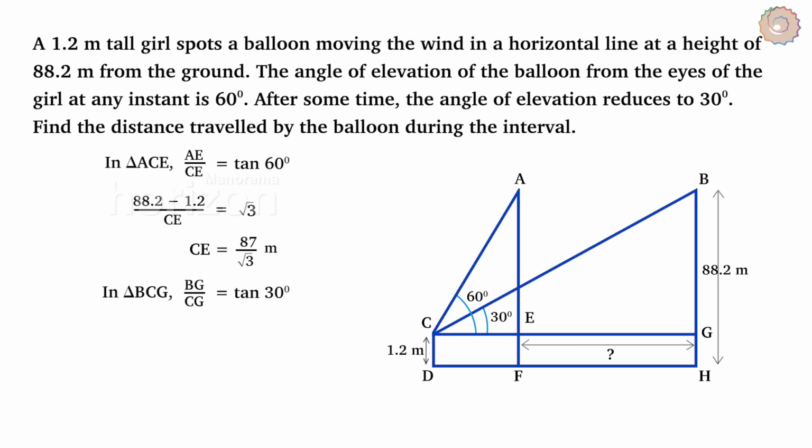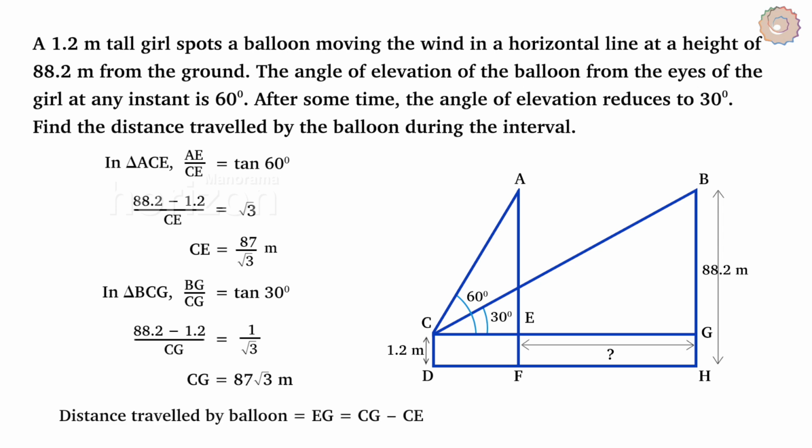As we know, tan 30 is 1 by root 3. Therefore, 88.2 minus 1.2 divided by CG is equal to 1 by root 3. Solving for CG, we get 87 root 3 meter. Distance travelled by the balloon is EG, which is equal to CG minus CE.